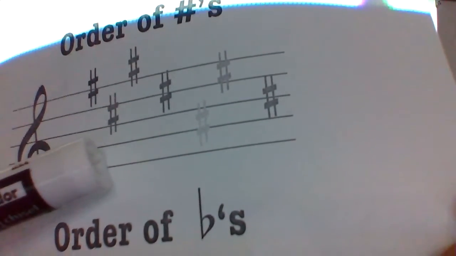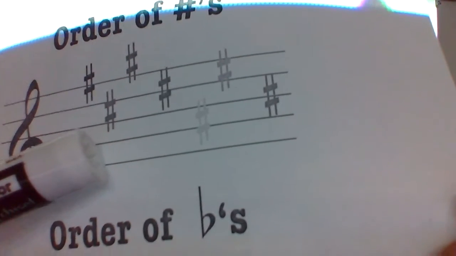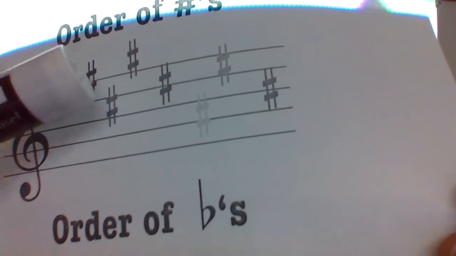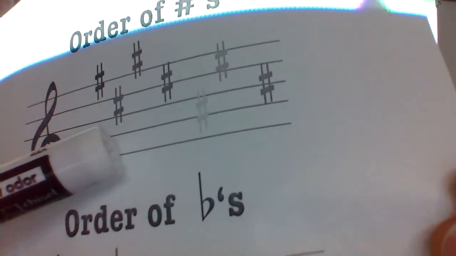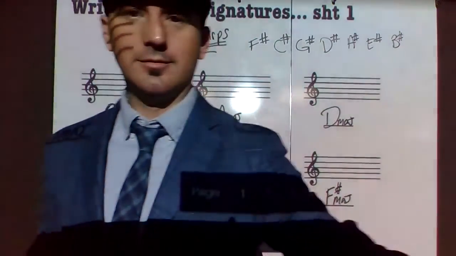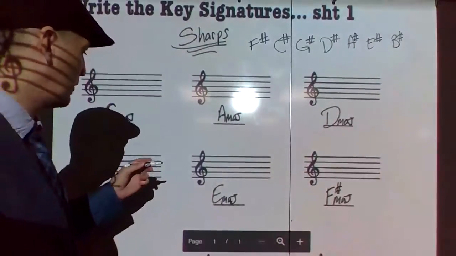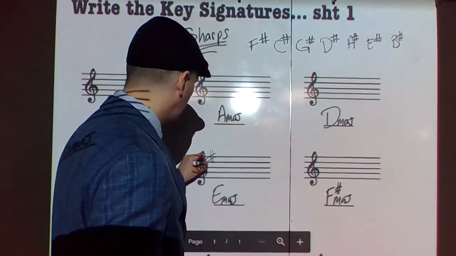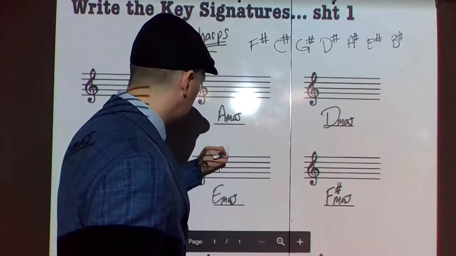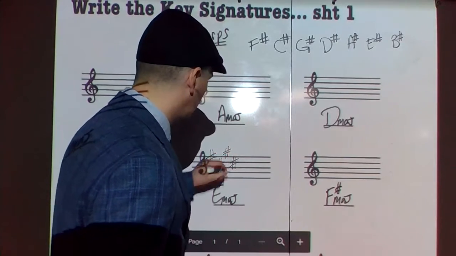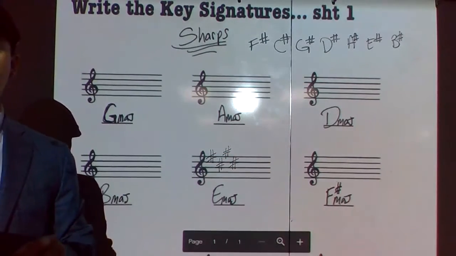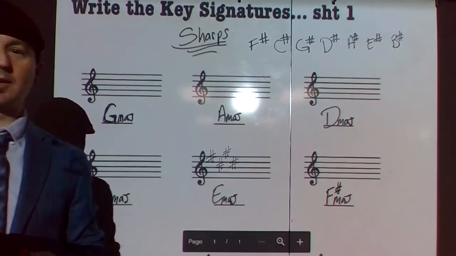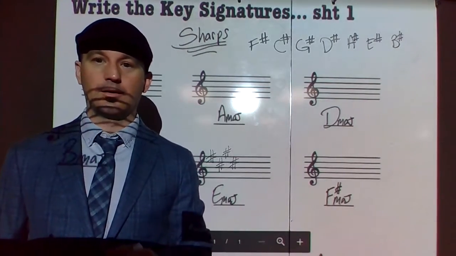Down here in this space, as you know because you can read music, the first space is an F, but we cannot put that sharp down there. That's not where it goes. Music God said so. Okay, so I'm going to fill this out. I know I have 4 sharps, so F, C, G, D. There they are. Okay, that's how they should look. We'll do one more.